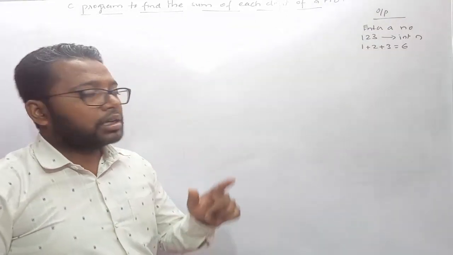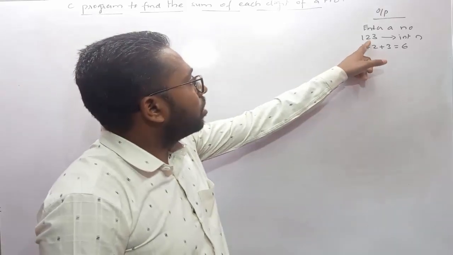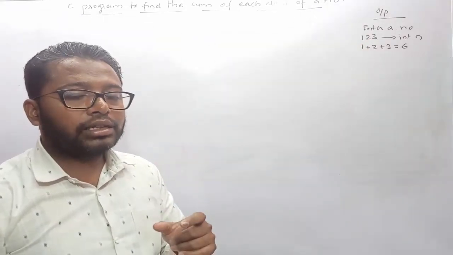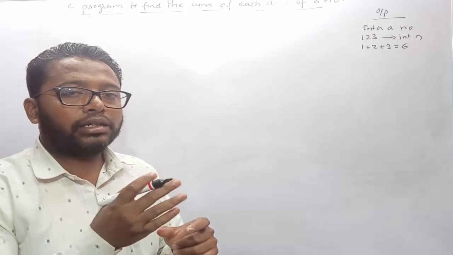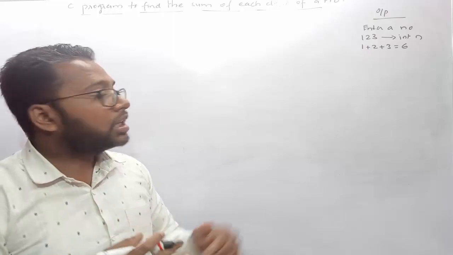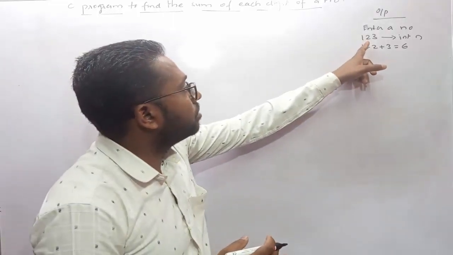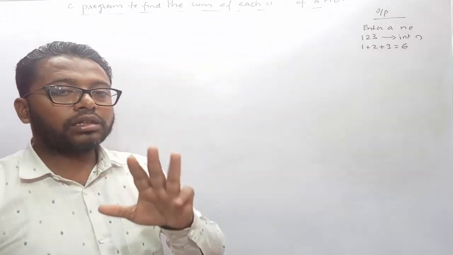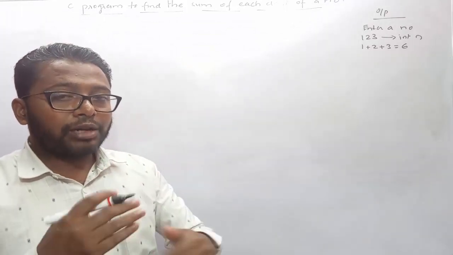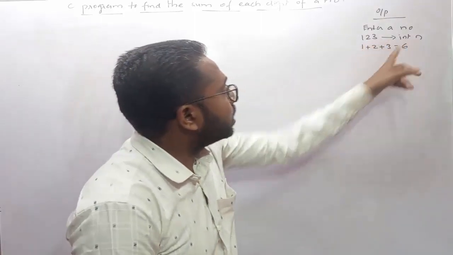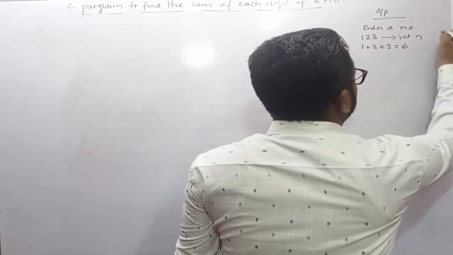First step is to find out the remainder of this number. Second step is, once we get the remainder, we need to add that remainder to some other variable. The third step is we need to reduce this number 123 to 12. These are the 3 steps you need to perform repeatedly until the value of n becomes 0.